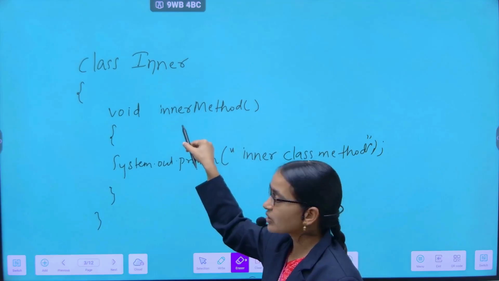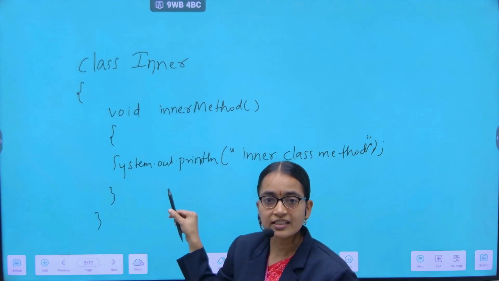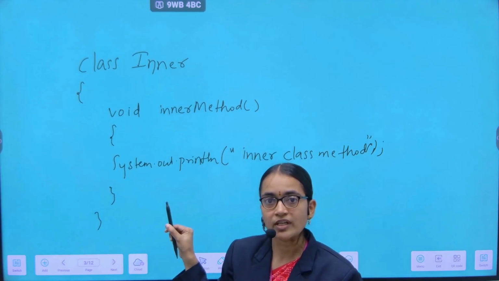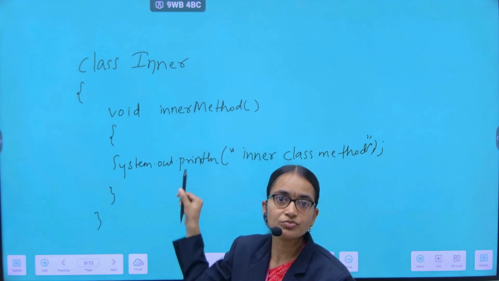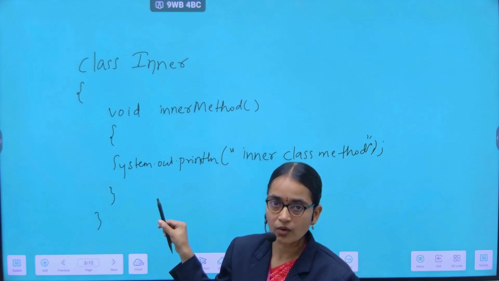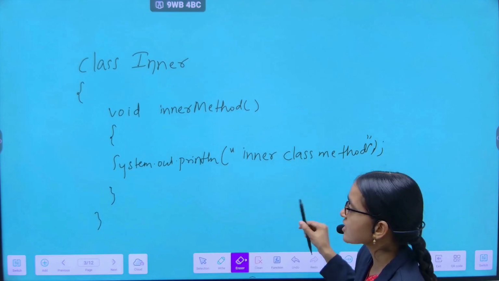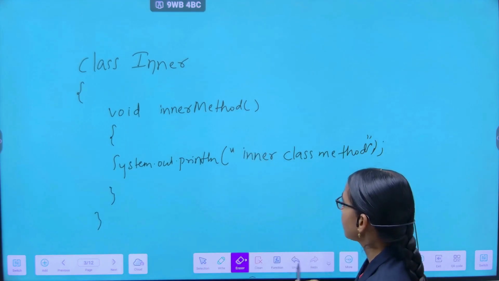To access the inner class related members, I said you need to follow the thumb rule: first take the instance of the outer class. So I am using a main method to take the instance for these class related objects.